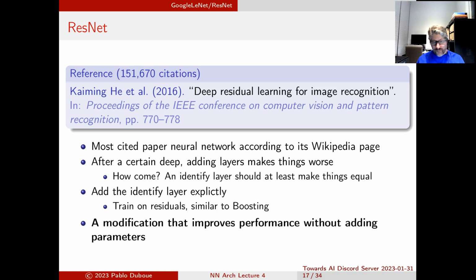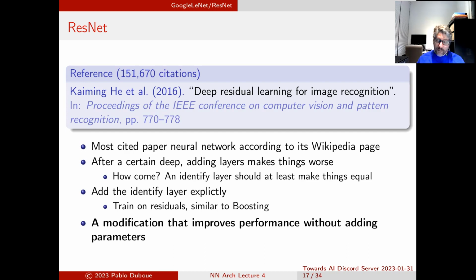So what they say is, instead of wondering why the network is not learning the identity layer, let's add the identity layer explicitly and then train on residuals. And training on residuals, that is training on the difference between the errors the network made versus what it should have, is similar to boosting, and it's a very popular machine learning technique.